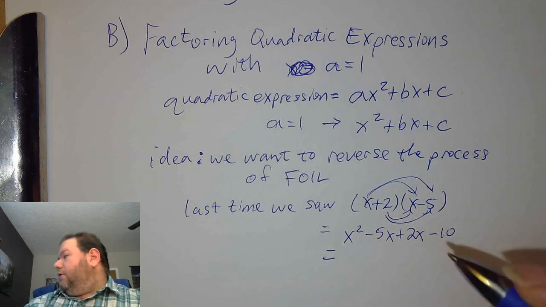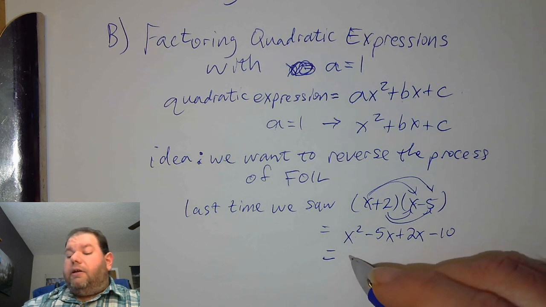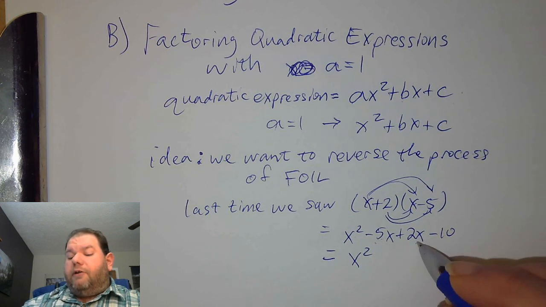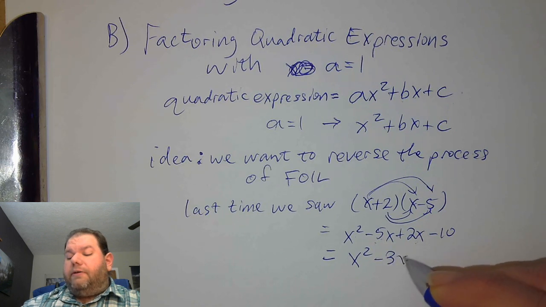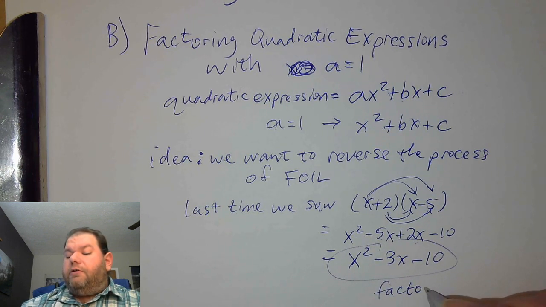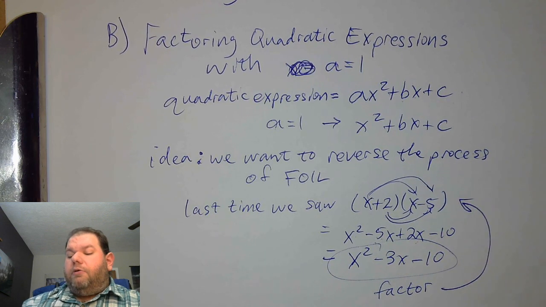And that gave us an expression, x squared, and we combine minus 5x plus 2x is minus 3x, and minus 10. So the idea is we want to take this and factor to get what we started with again.